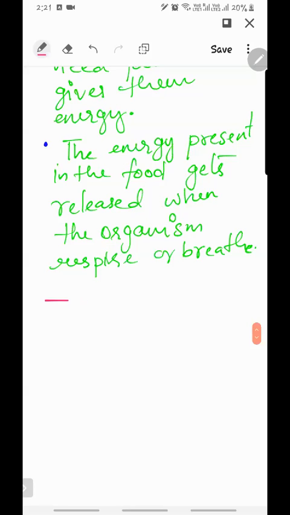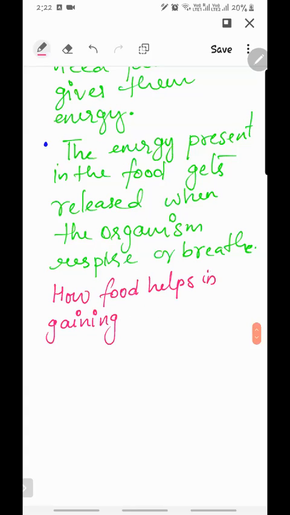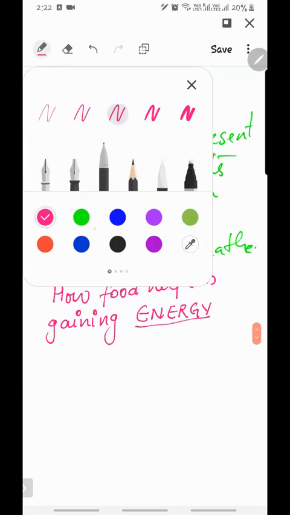So we can write how food helps in gaining energy.